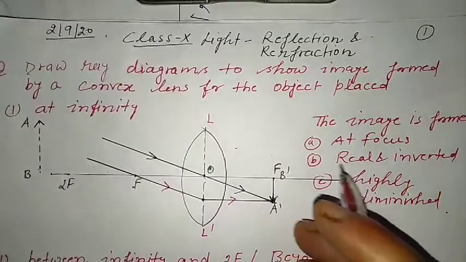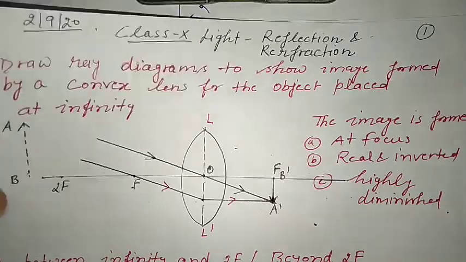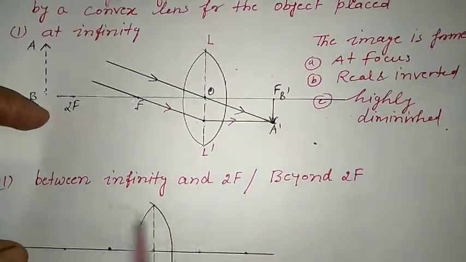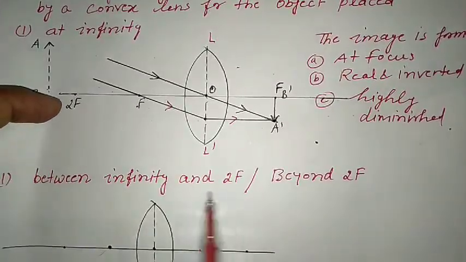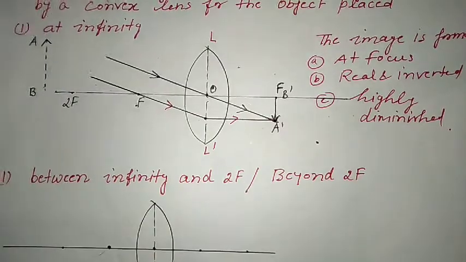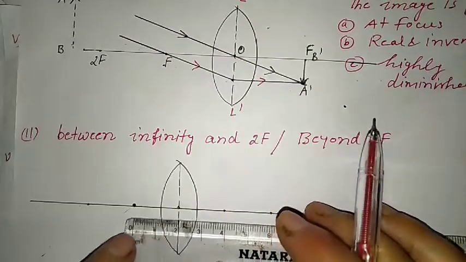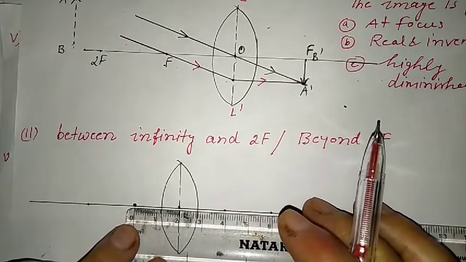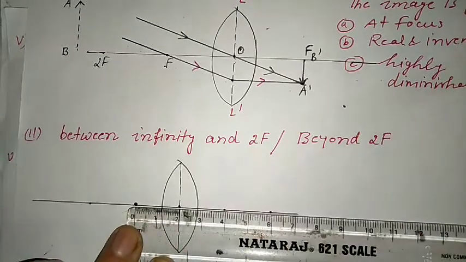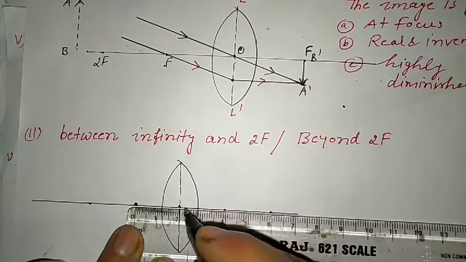Now the second position is between infinity and 2F. I told you 2F: suppose we are taking 2 centimeter from the optical center.